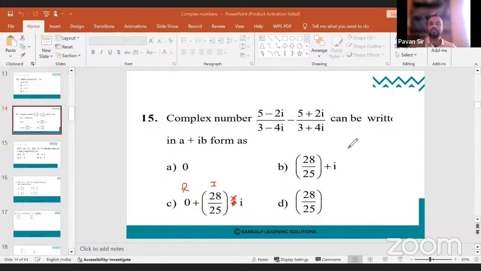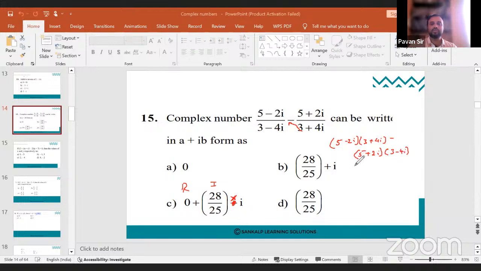Try to solve this. It is nothing but (5 minus 2i) into (3 plus 4i), minus (5 plus 2i) into (3 minus 4i).